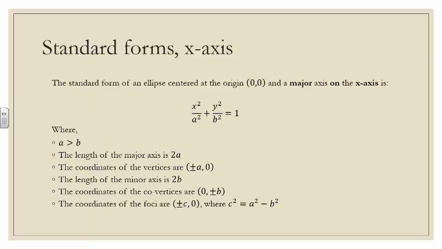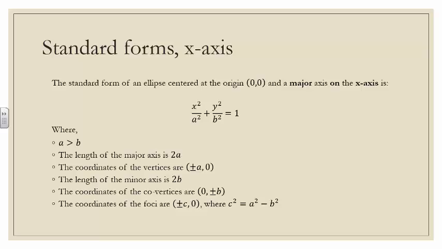The standard form of an ellipse centered at the origin, the point (0, 0), and with a major axis on the x-axis is x squared over a squared plus y squared over b squared equals 1, where a is greater than b.